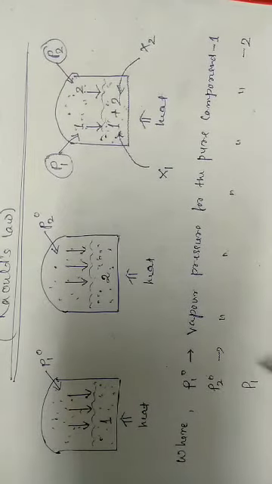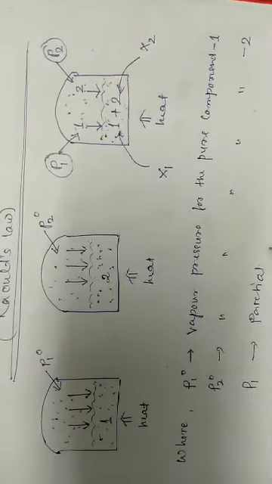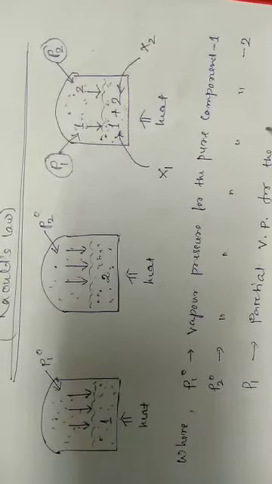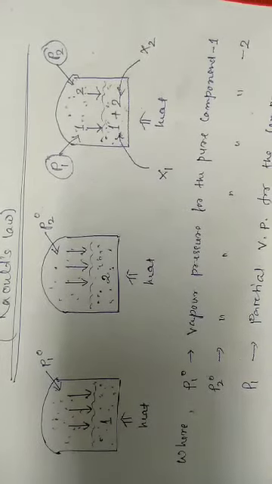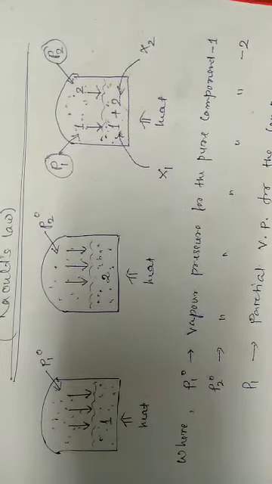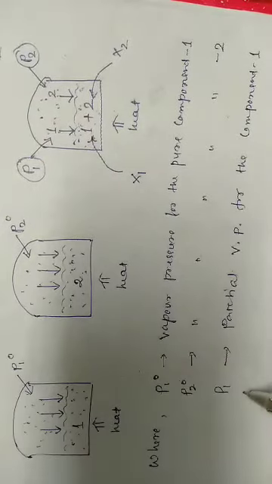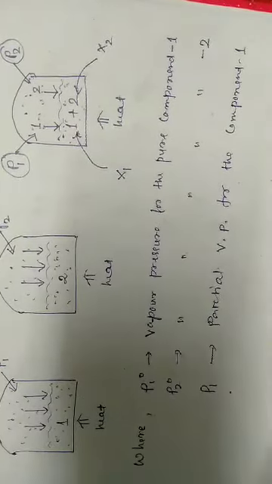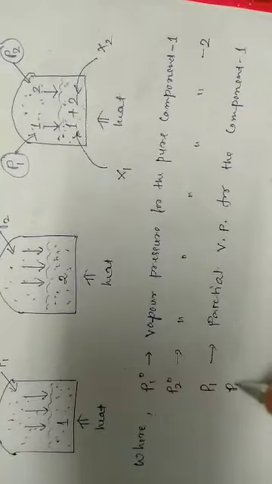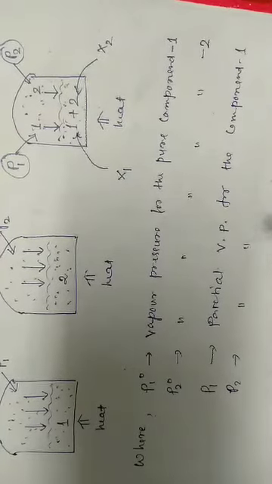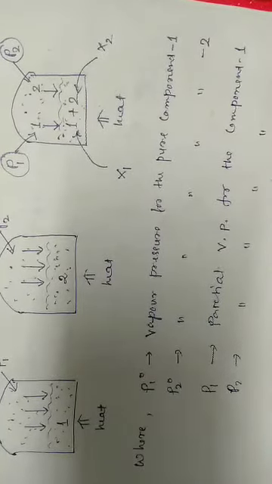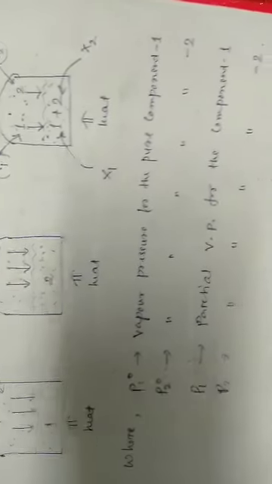And what is P1? P1 is known as the partial vapor pressure for component 1 in the solution. And what is P2? P2 is the partial vapor pressure for component 2 in the solution.